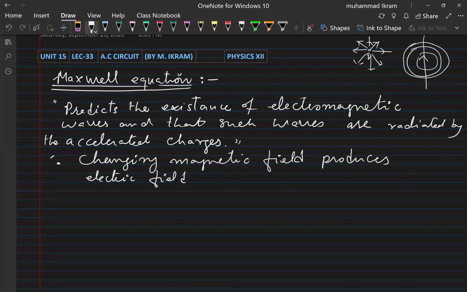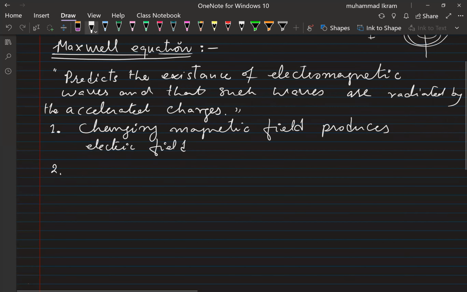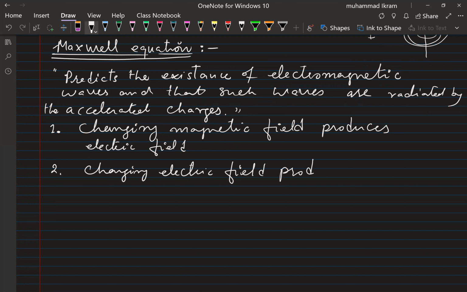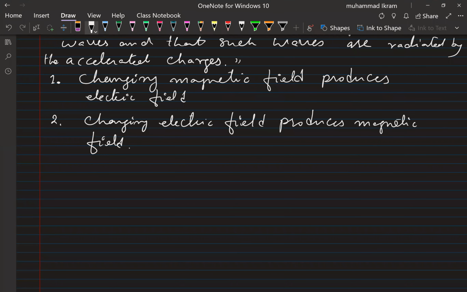This is part one. The second part of this is that the changing electric field produces a magnetic field. And here I will explain these two to you one by one.